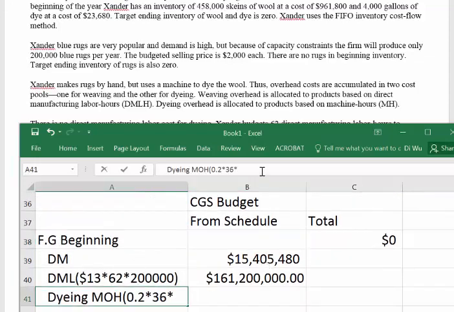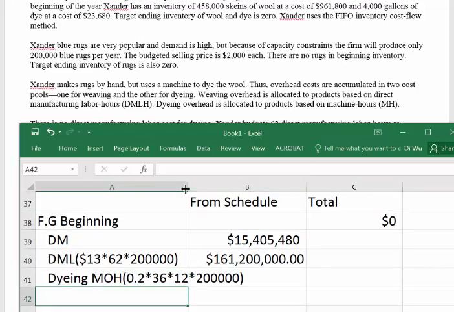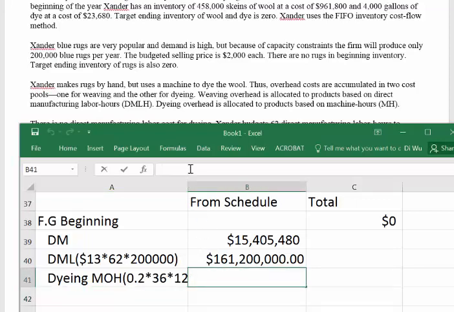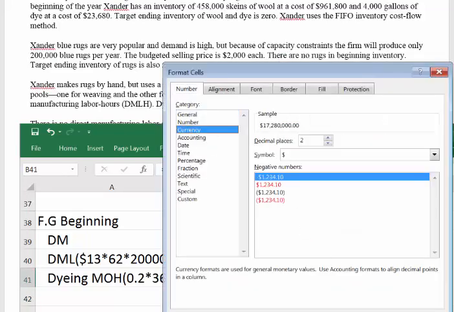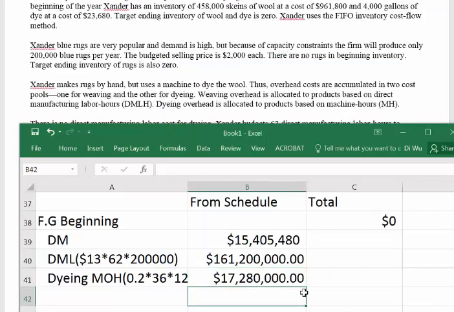Those first three numbers are only for one rack. Now you're looking at 200,000 racks. So I'm going to multiply all these numbers: 0.2 times 36 times 12 times 200,000. I get this number, and let me format it to make sure it is a dollar value. We are looking at $17,280,000.